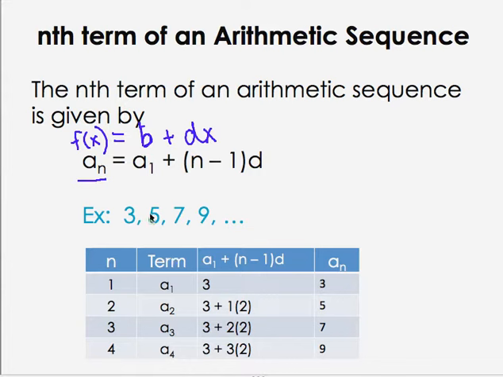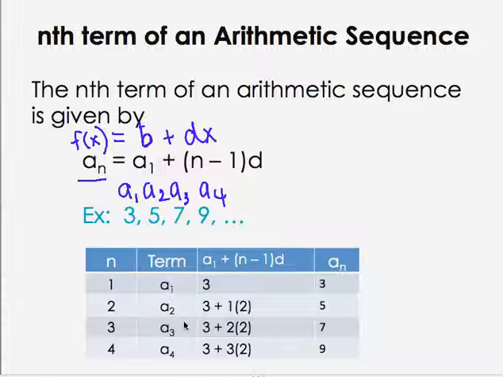So, for example, in this sequence, we have 3, 5, 7, 9. This is our a sub 1 term, our a sub 2 term, our a sub 3 term, and our a sub 4 term. So when n is 1, we think about a sub n, and that's 3.